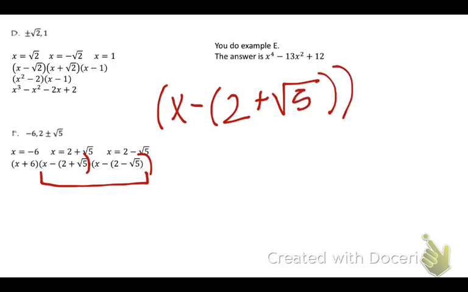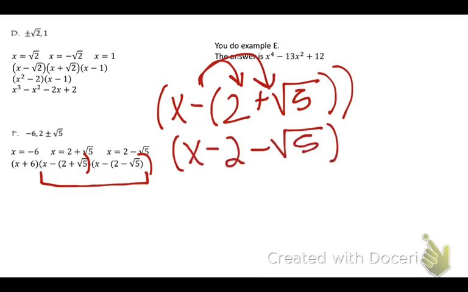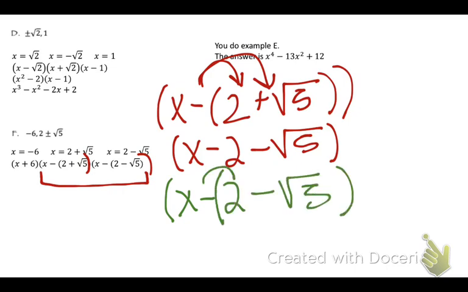Let's just look at this one first. I'm going to distribute this negative in. So that's going to be x minus 2 minus the square root of 5. Okay, that's for one of them. I'll do the other one in the other color. So then I have x minus, parenthesis, 2 minus the square root of 5. Distribute that in.